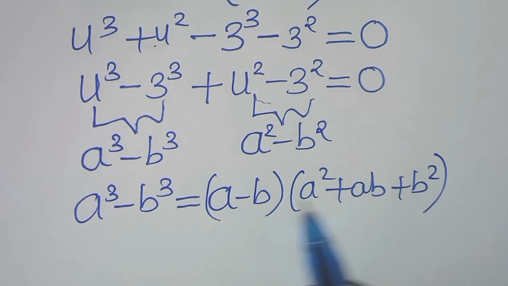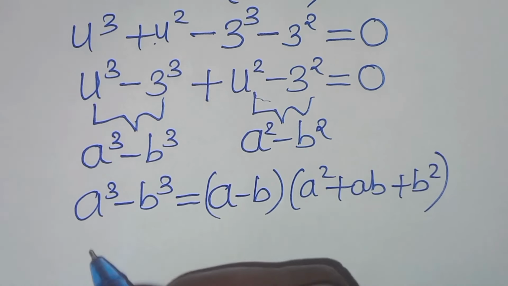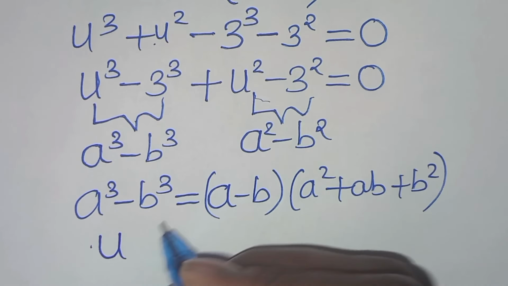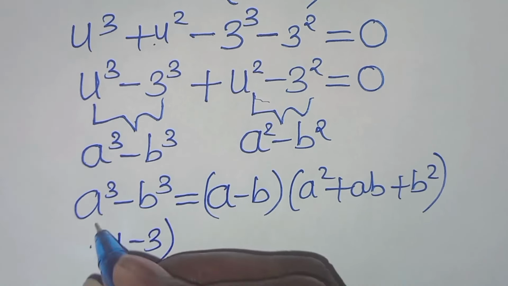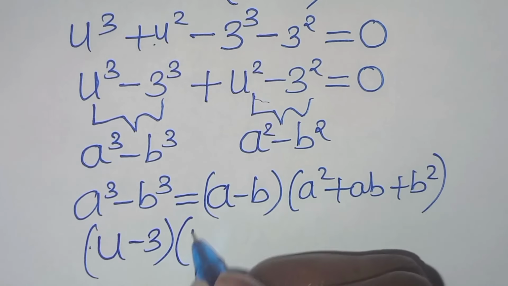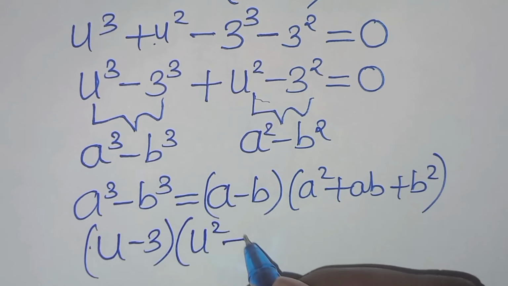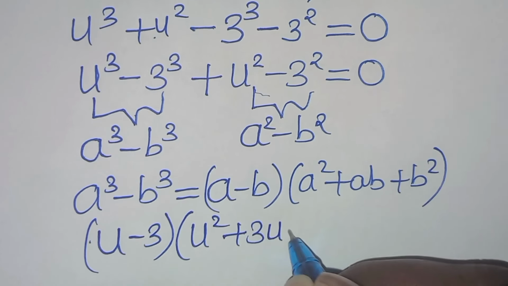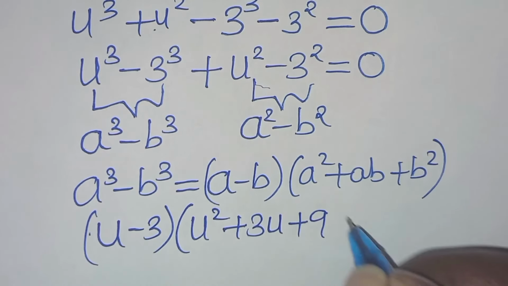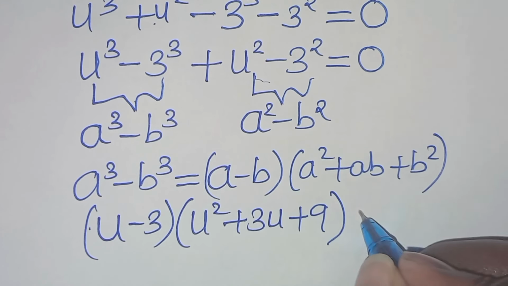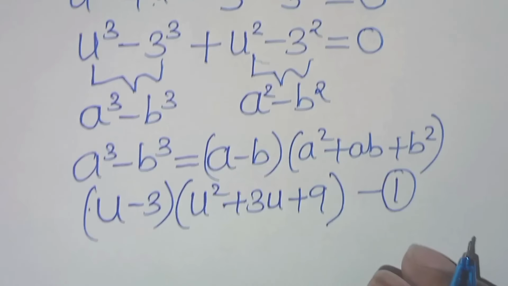Now applying this identity, we have u minus 3, u squared plus 3u, then plus 3 squared, which is 9. And let's call this equation 1.